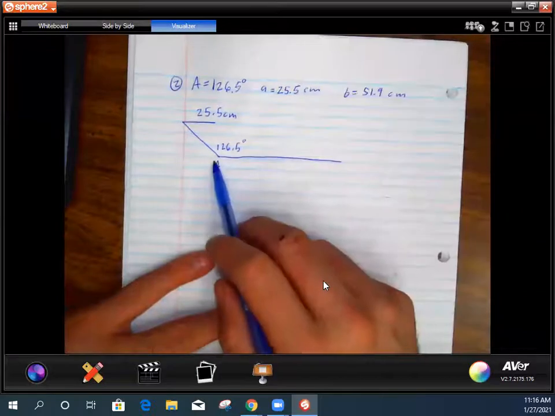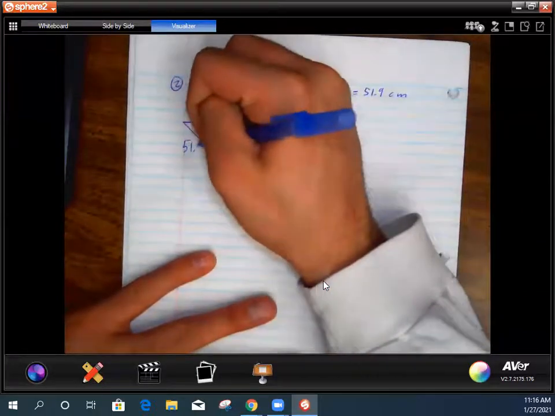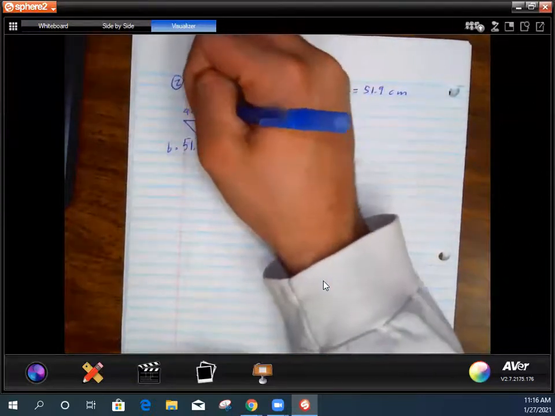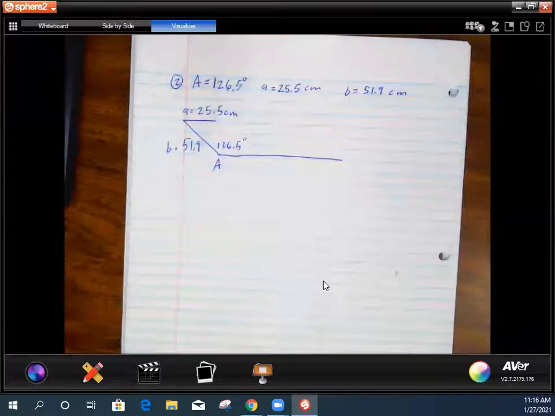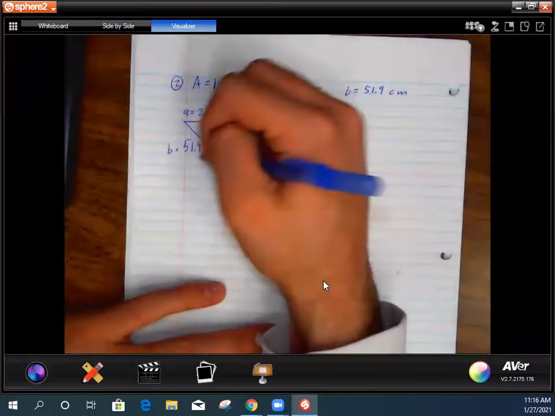And this side is 51.9. So that'd be side B. This would be side A. Now, if you look, all right, this side is shorter than that side.